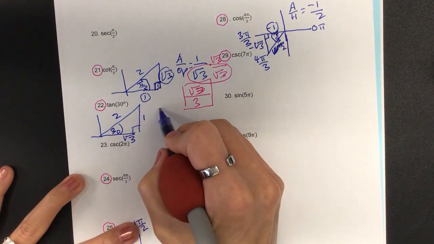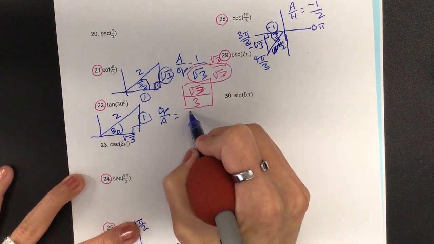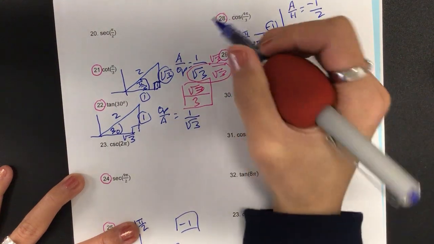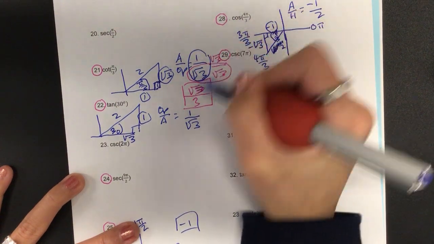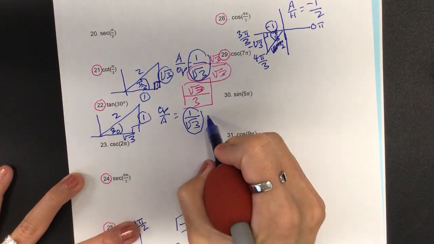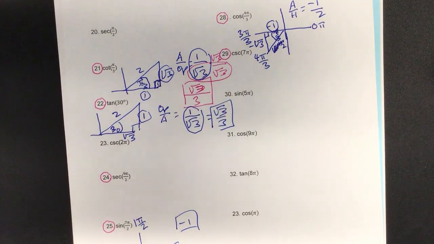So tangent is opposite over adjacent. So my opposite is 1 and then adjacent is radical 3. Do we notice it's basically the same value as the one right above? Since I already rationalized, are we okay if I simply write out radical 3 over 3? Yes. Now let's go to number 24.